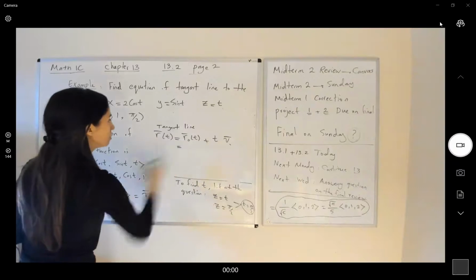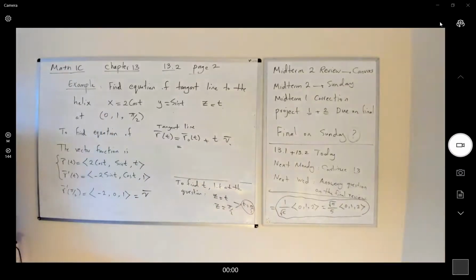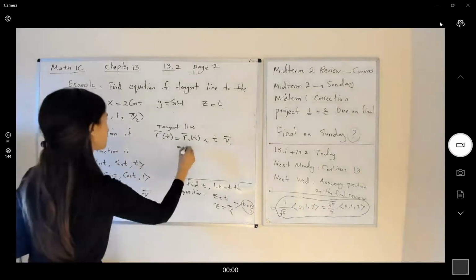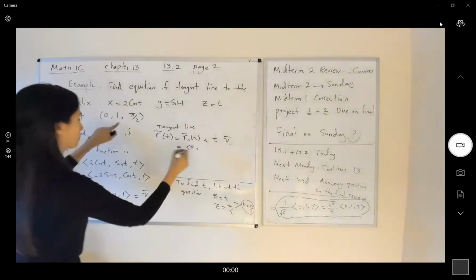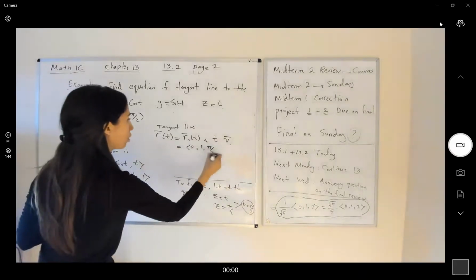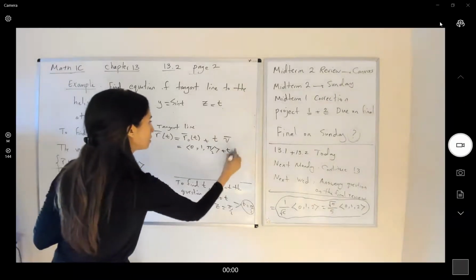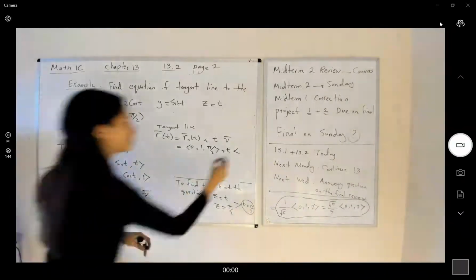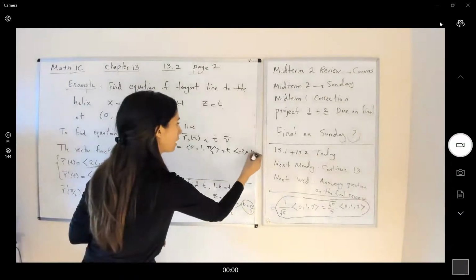The beginning point is 0, 1, pi over 2 plus t times v, which is negative 2, 0, and 1.